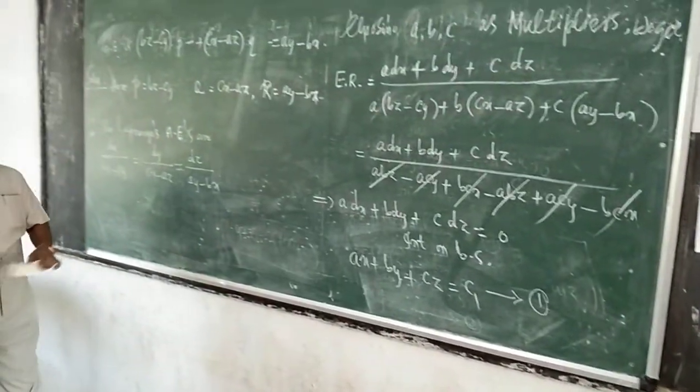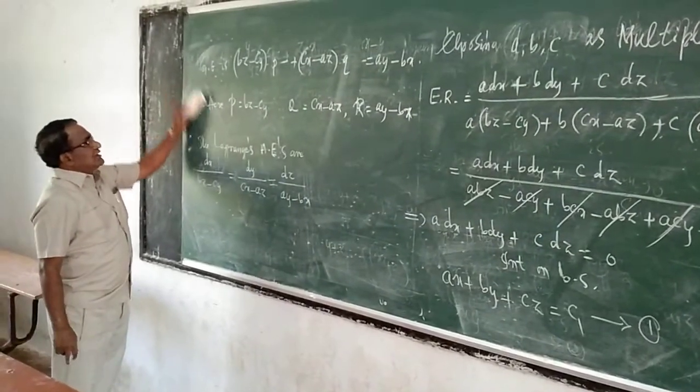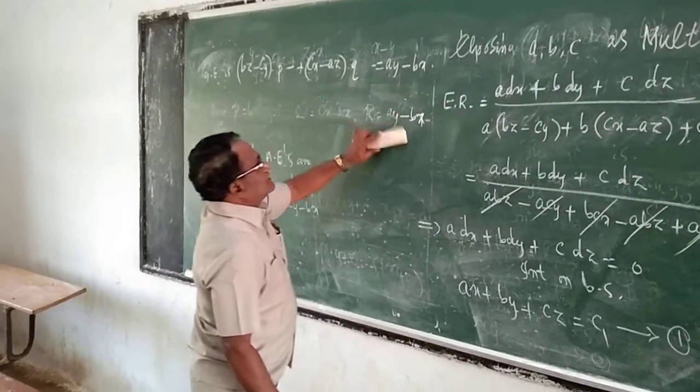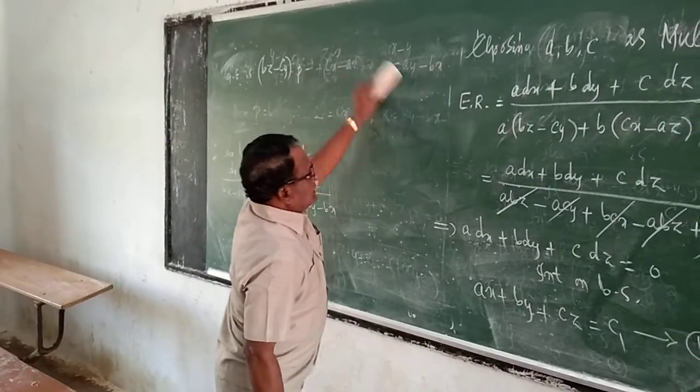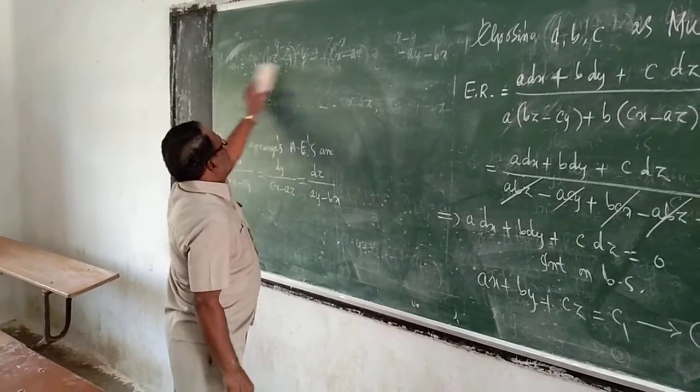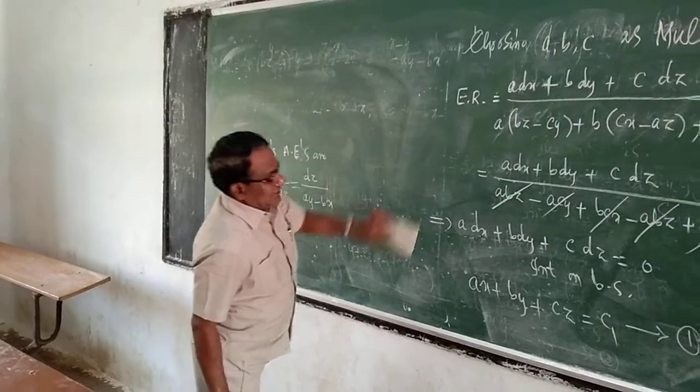Yes. Again I have to choose another set of multipliers. Can you guess the another set of multipliers? Very good. It is x, y, z.